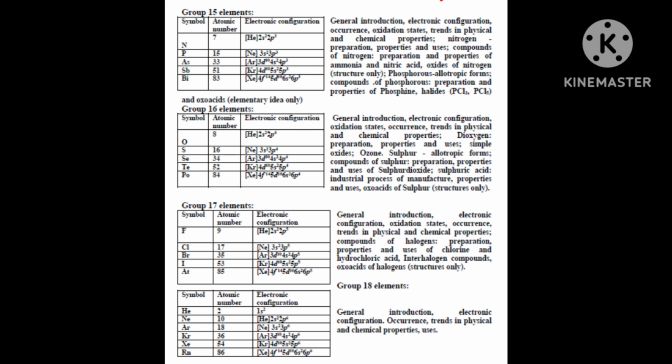The relative stability of +1 oxidation state progressively increases for heavier elements, meaning aluminum is less than gallium, gallium is less than indium, and indium is less than thallium. Okay, in thallium +1 oxidation state is predominant, means thallium will be found always in +1 oxidation state.